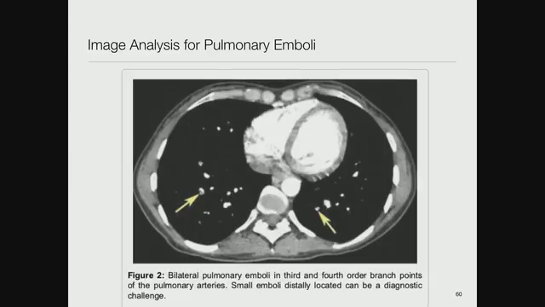Now, as I said, I'm not going to get into this today, but this was a very successful recently published paper where they're able to take a look at images of the lung.